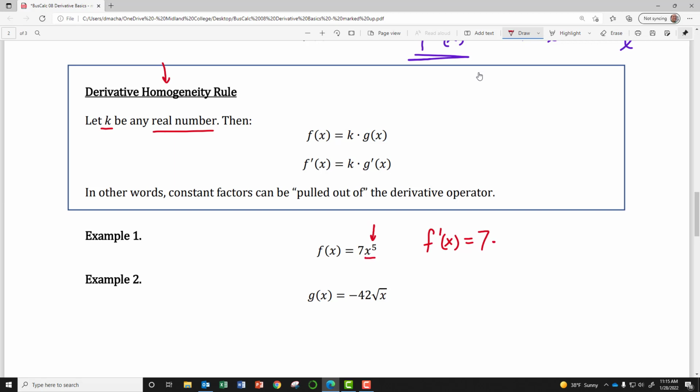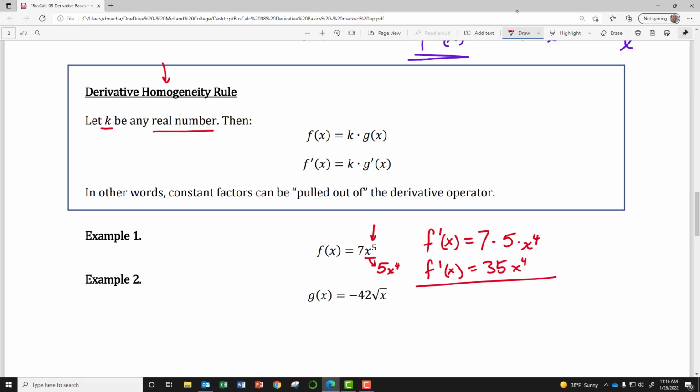And if you've been paying attention to our power rule discussion, the derivative of x to the 5th power would be 5 times x to the 4th power. So basically the homogeneity rule says just leave that 7 alone, and the derivative becomes 7 times 5 times x to the 4th power. And 7 times 5 is 35, so this derivative is going to be 35x to the 4th power.